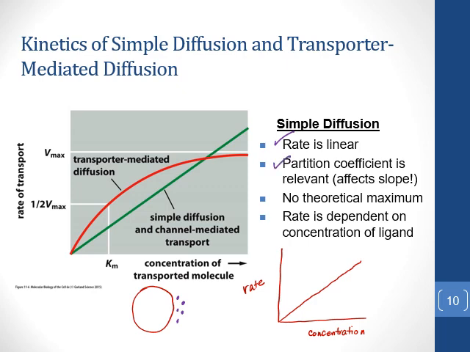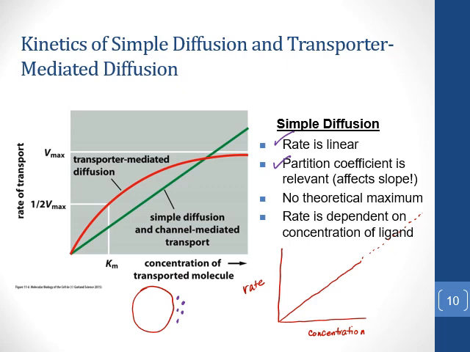Also notice there's no theoretical maximum here. Hypothetically, this is just going to keep on going. Okay? What that tells you is that the rate of movement is a function of what? It's a function of the concentration and the partition coefficient. It's that simple. The rate is dependent on the concentration of the ligand.